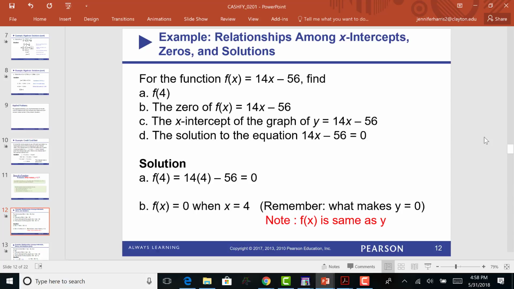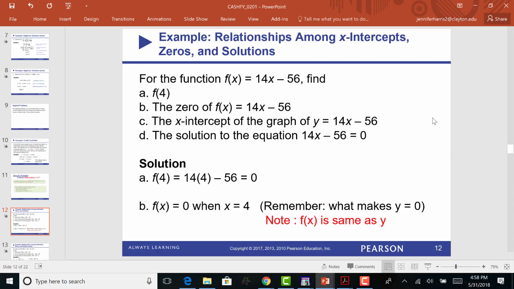So x is the 0. I know it sounds funny to say x is the 0 because you know x is not a 0. That's just the actual mathematical statement for how you say that. If it says find the 0, it just means find the number that causes the equation to equal 0. And what was that number in this case? 4. So if you plug in a 4, does the whole thing equal 0? Yes.